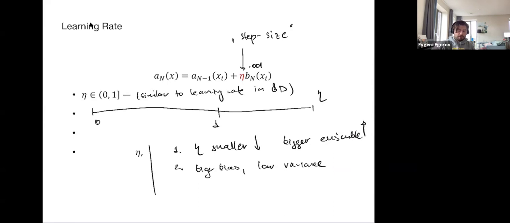Also, if you take a really small step size, then you should keep in mind that you need to increase the number of models in your ensemble. If you take a big step size, then maybe you don't need so many members in the ensemble. And basically, that's it.